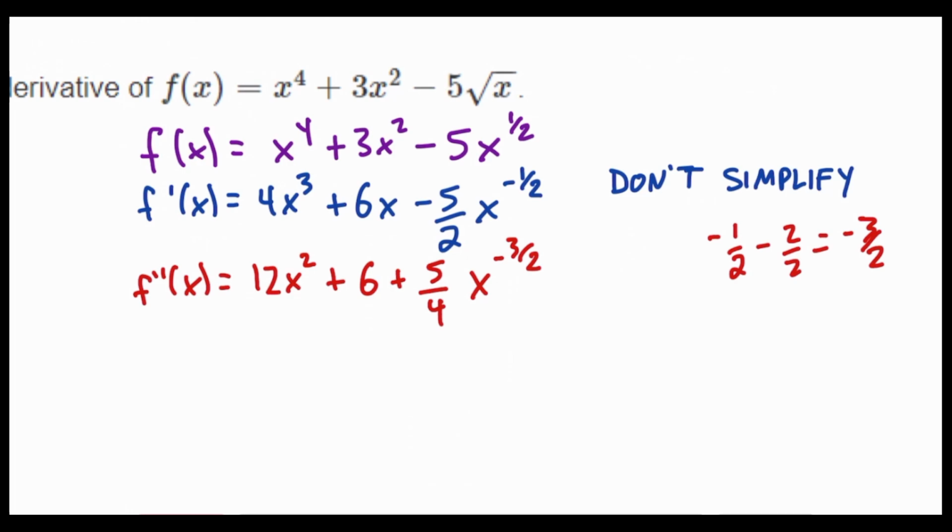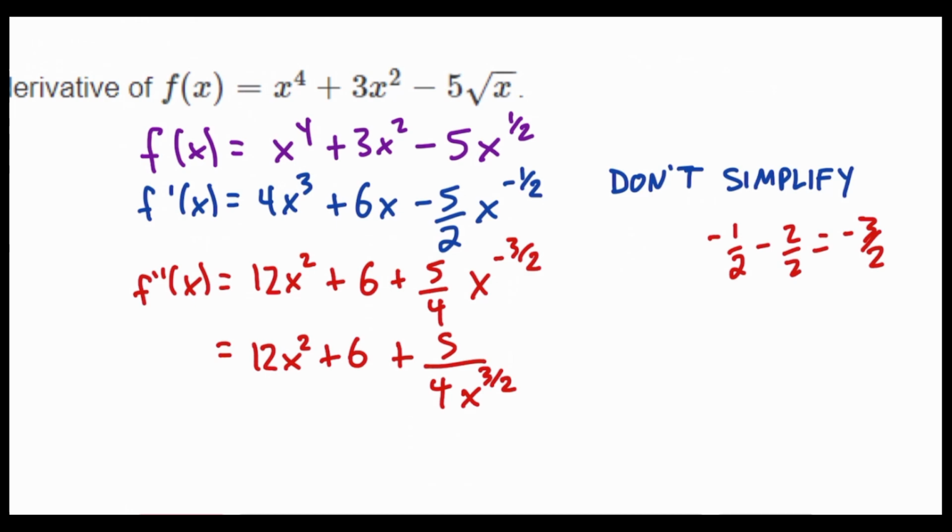And now we can rewrite this. We could leave it this way, but let's tidy it up. Let's switch back to our root notation. So we're going to have 12x squared plus 6 plus 5 over 4 x to the 3 over 2, because we normally want to get rid of our negative exponents and express things with a positive exponent.